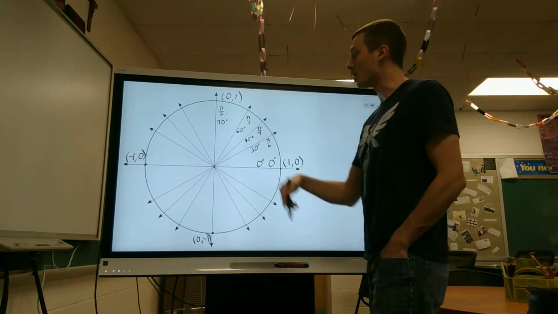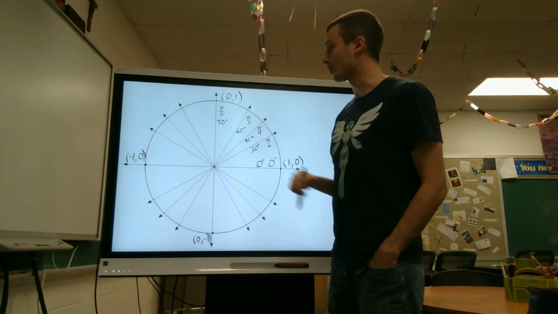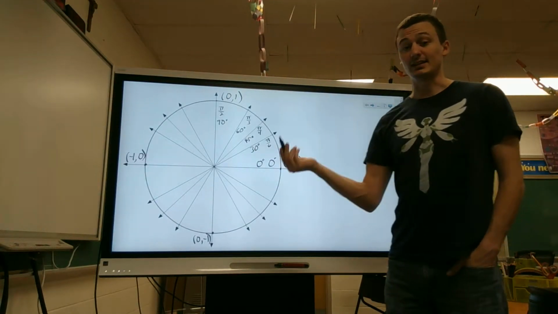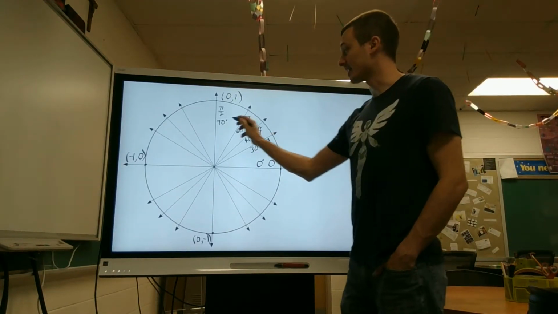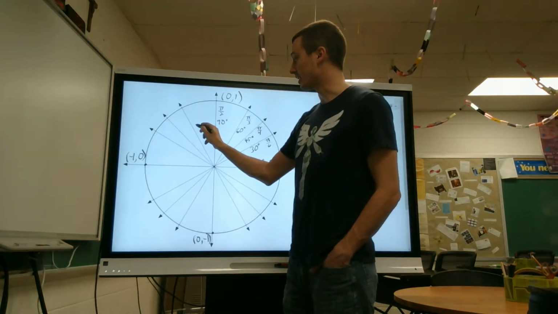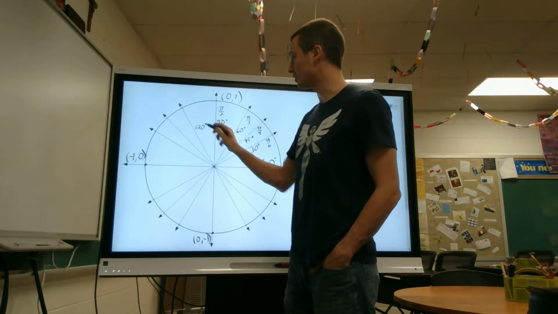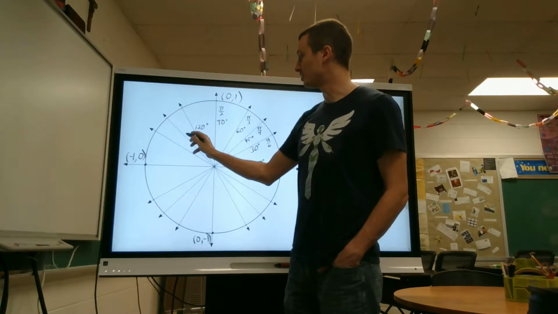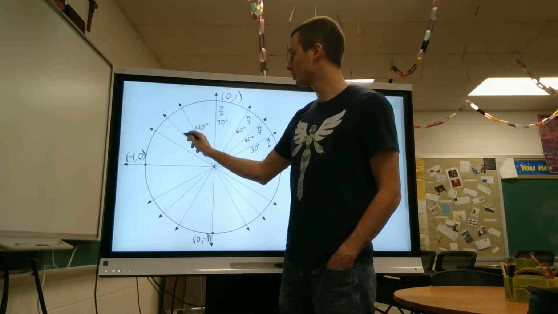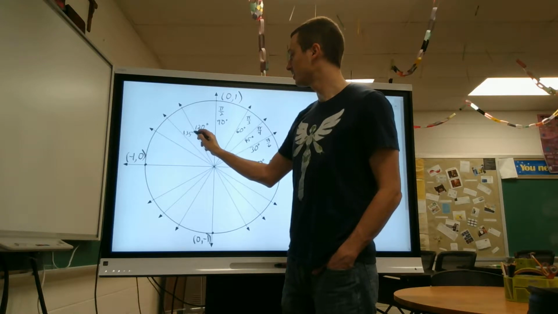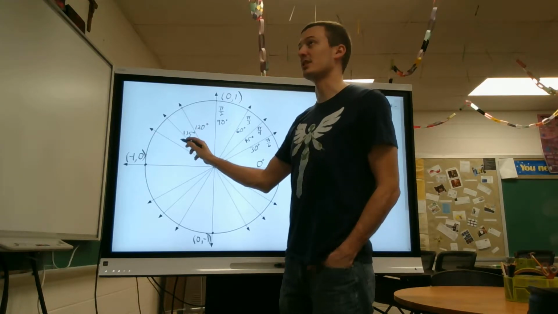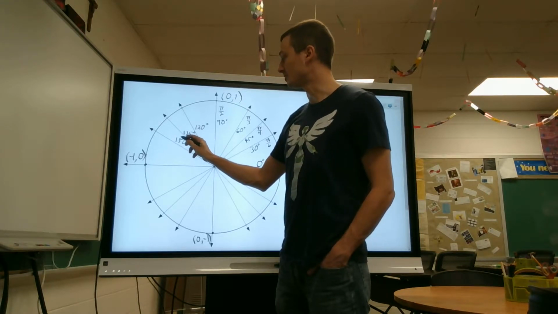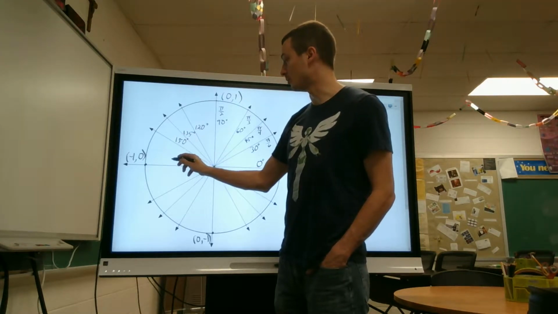Now, we can keep going. Any of these big gaps are going to be 30 degrees, and any of the small gaps are going to be 15 degrees. So that's how I'm calculating these in my head: I'll take 90 plus 30, and that gets me 120, so this is 120 degrees. This would be 120 plus 15 would be 135, and then 135 plus another 15 would be 150, and then 150 plus 30 would be 180.